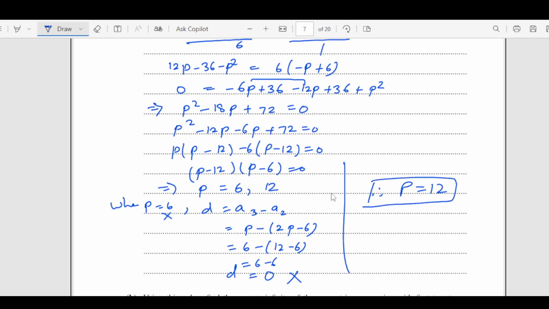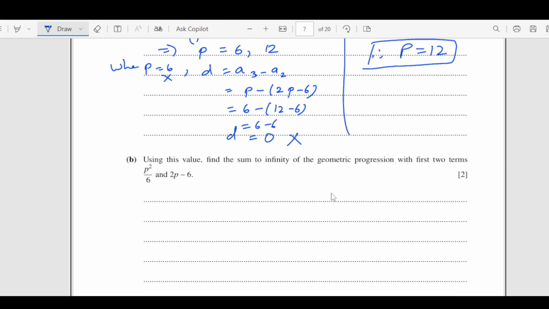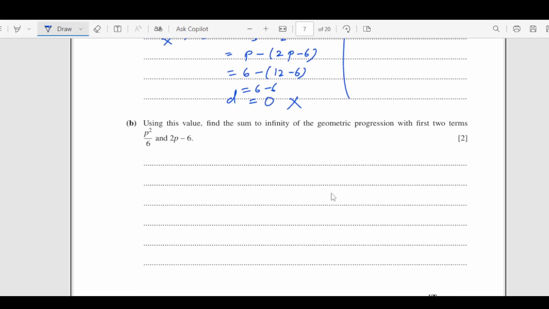Right? Now next part, using this value find the sum to infinity of the geometric progression. Now be careful guys, this is a geometric progression, not arithmetic. Sum to infinity for the first two terms. So for p we got p as 12, right?